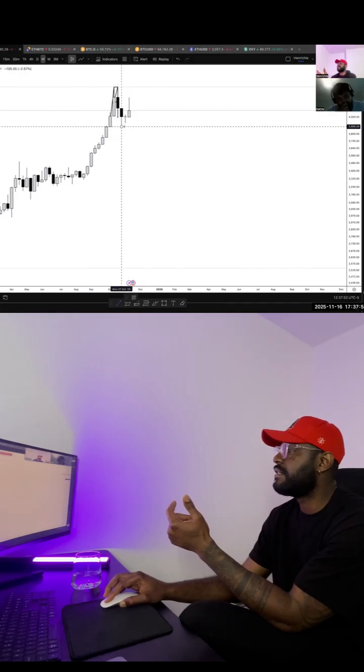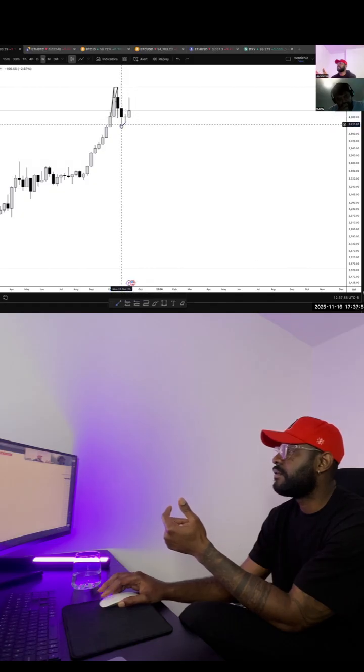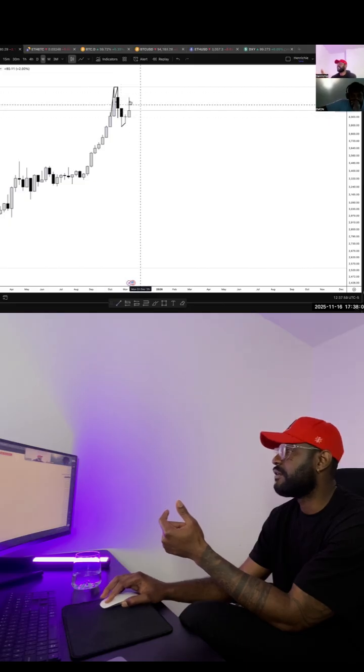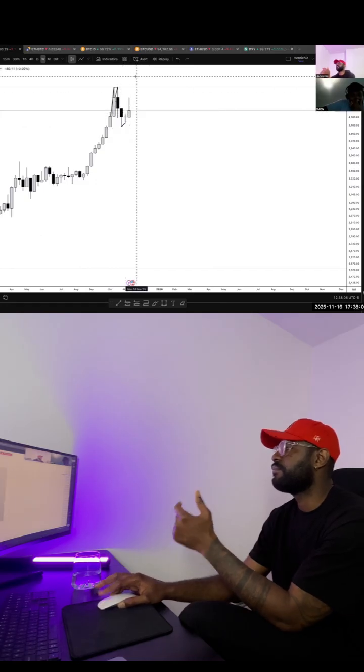Example, this is a low resistance liquidity. Price can still decide, you know what, I don't want to keep going up, I want to run out this liquidity, and it can reverse and run this liquidity before a continuation.